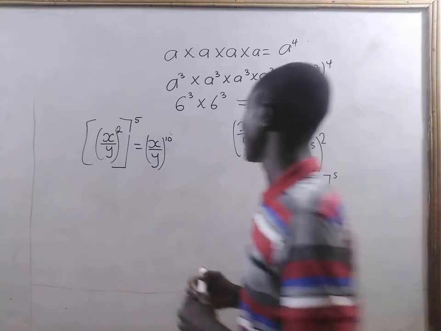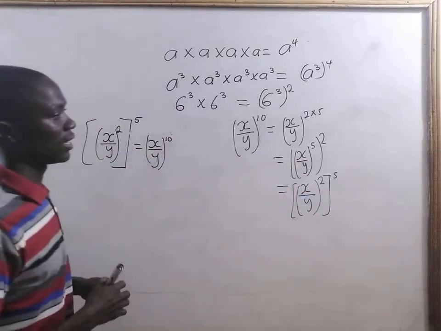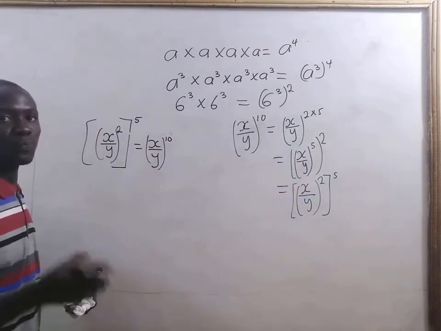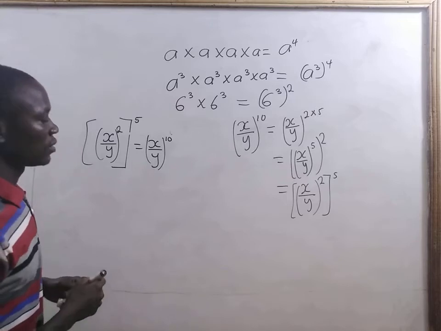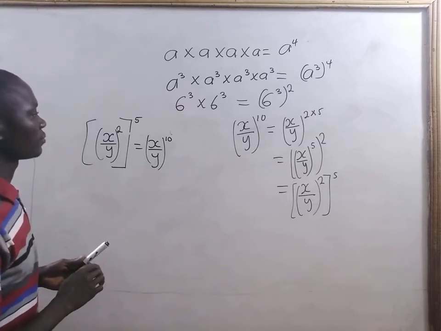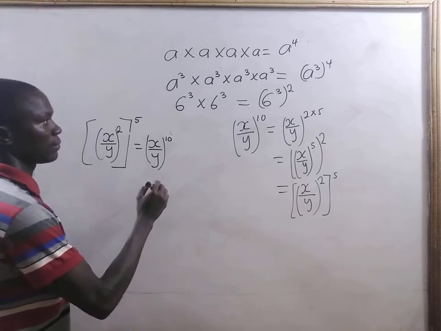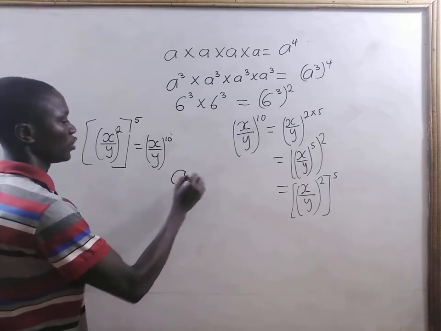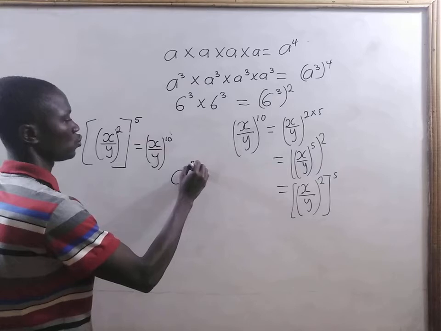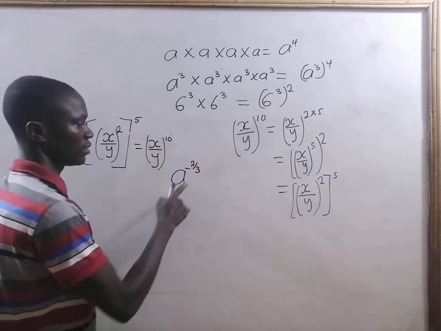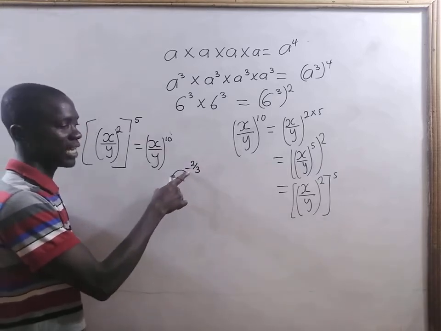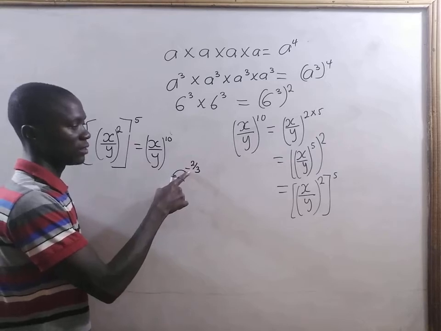Now let us explore one more. So here we have, let's say, a to the power negative 2 out of 3. And here remember that we are multiplying 3 numbers.